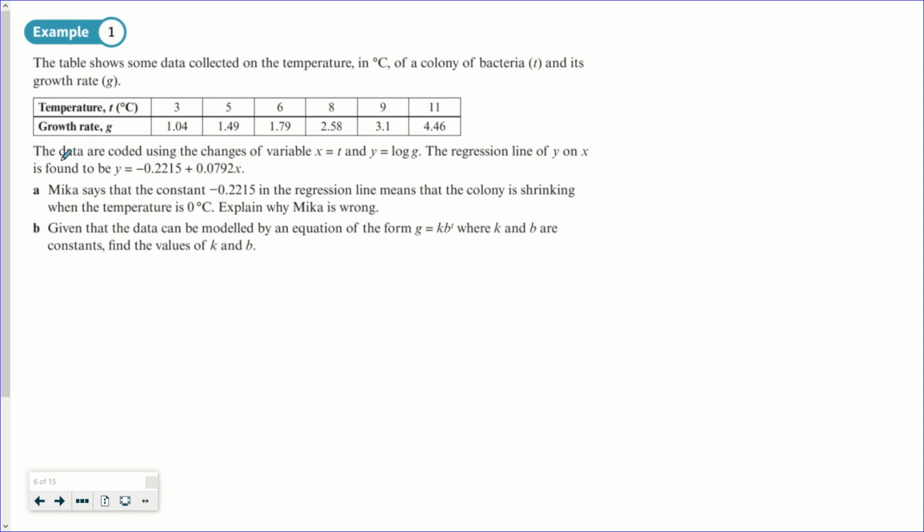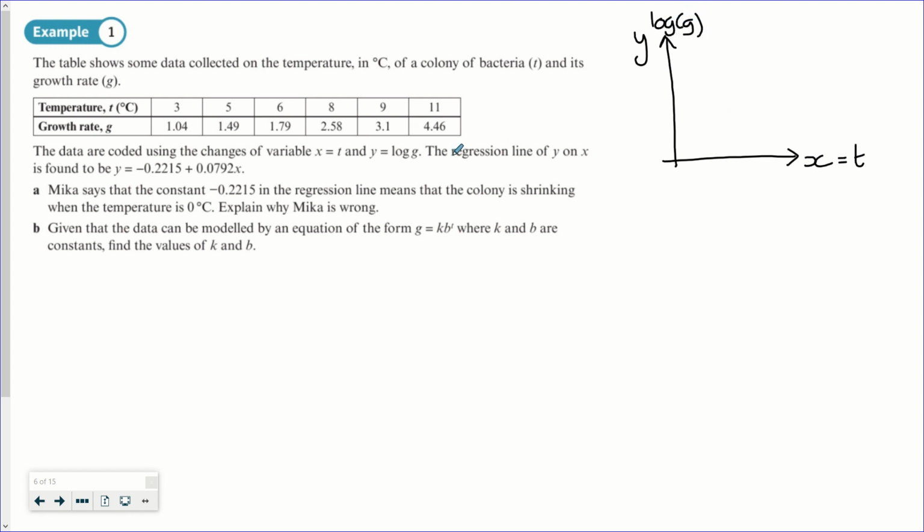So this part where it says the data are coded using the change of variables x and y, what it basically means is they've sketched a graph of x against y, rather than t on the horizontal axis and g on the vertical axis, where x is t, and on the vertical axis they've plotted log of g.